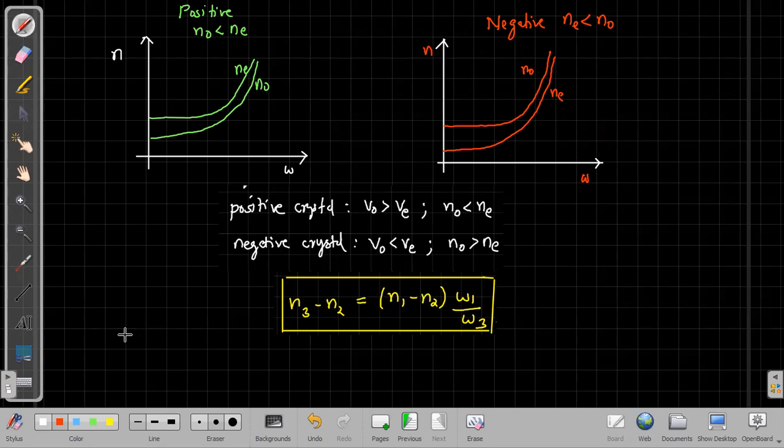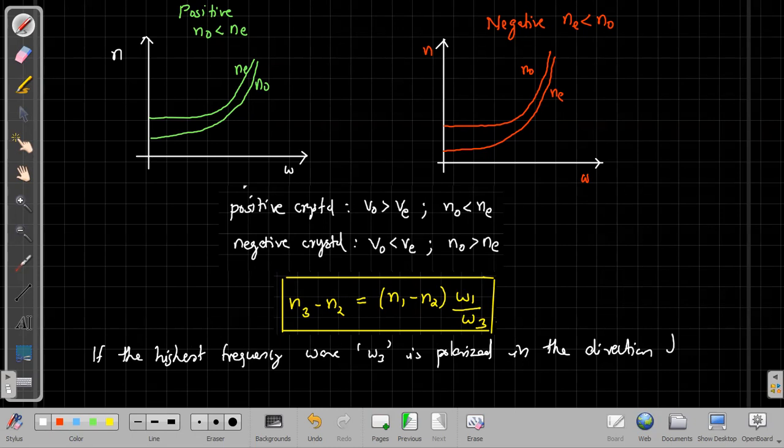So if the highest frequency wave, in bracket we can write omega 3, is polarized in the direction of lowest refractive index of the double refracted ray, then the above condition can be achieved.